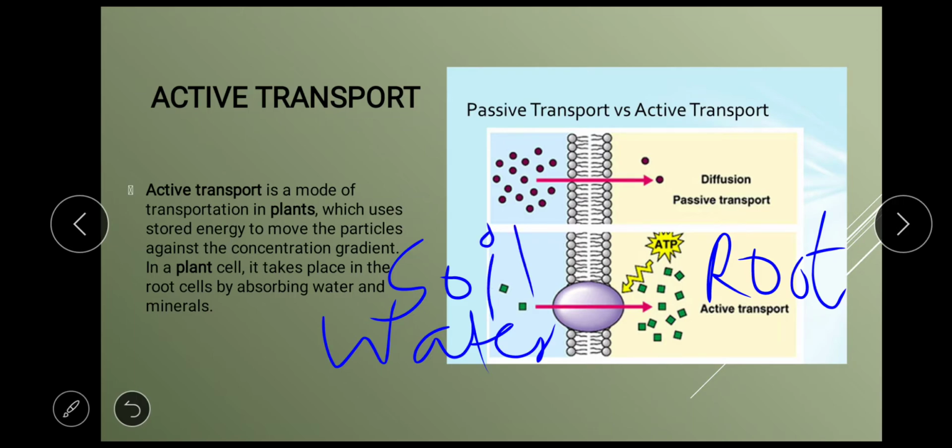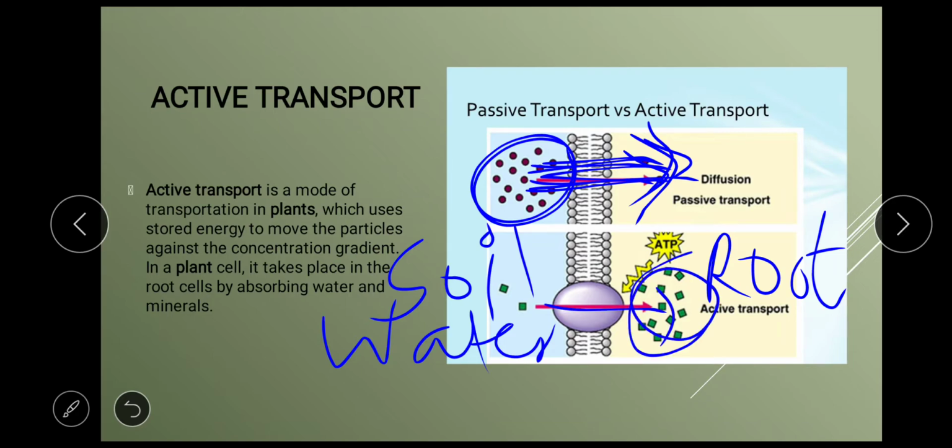This is the boundary, let's say. First there was more water in the soil, so water went into the roots. But water is continuously going, and after some time it happens that now there is less water in the soil and more water in the roots. So what will happen? Will the roots now give water to the soil? It cannot happen. Roots will not give the water to the soil.